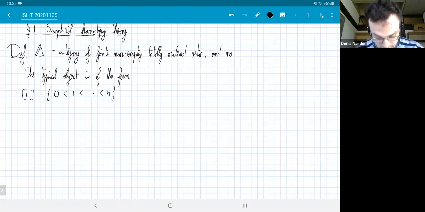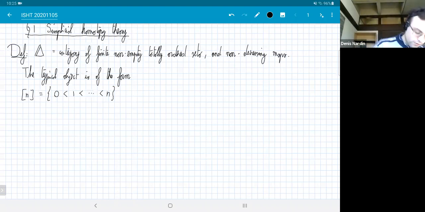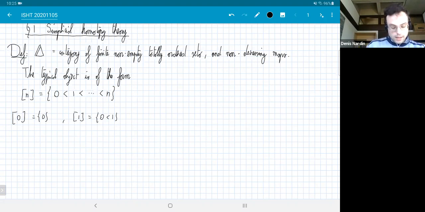Non-decreasing maps, sorry. So, for example, there is bracket 0, which is just a singleton, plus bracket 1, which is this guy. And I can also put bracket 2, this guy here.